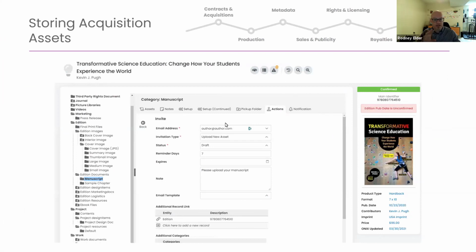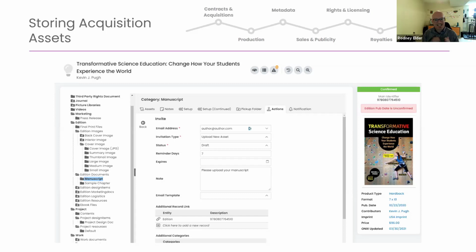And here, within that same ecosystem I showed you before, there was manuscript access. From within a click of a button, you can say, this is what my book's about, then say, I need the manuscript, invite the author to upload the manuscript, and have automated reminders sent out, with that asset belonging directly against the project.